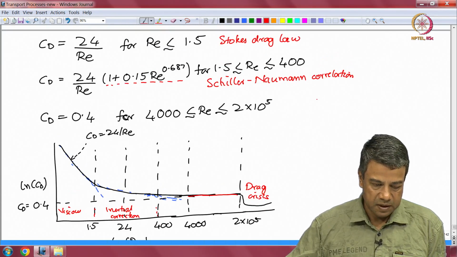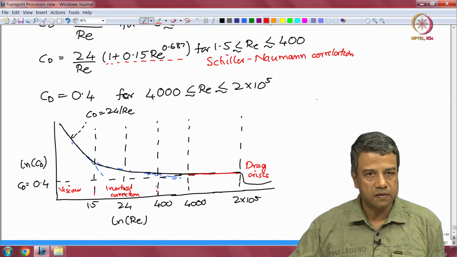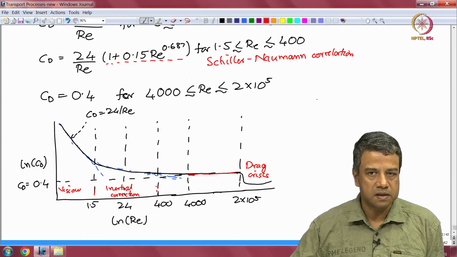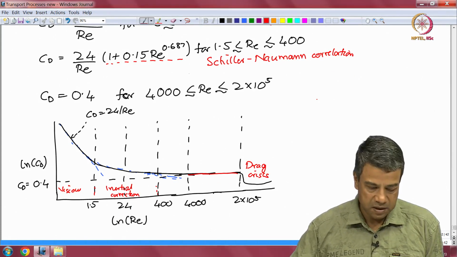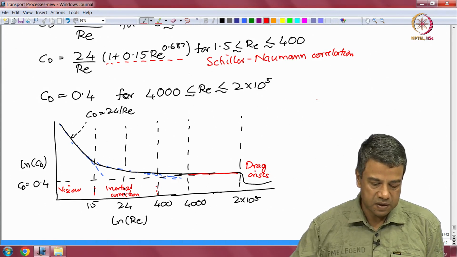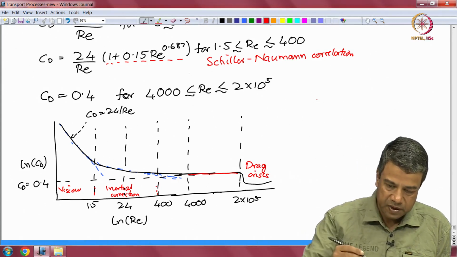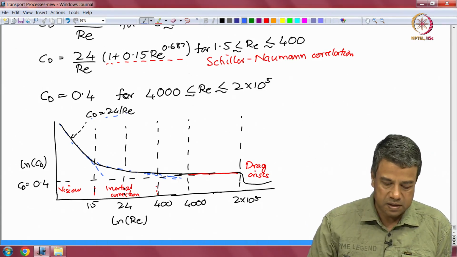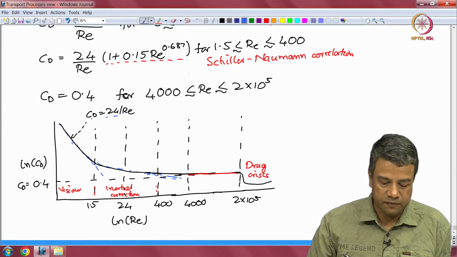And so these we had drawn on a plot of log of CD versus log of Re, the different transitions at the different Reynolds numbers and the expressions for the drag coefficient in each of these regions. So first you have 24 by Re when the Reynolds number is less than about 1.5.